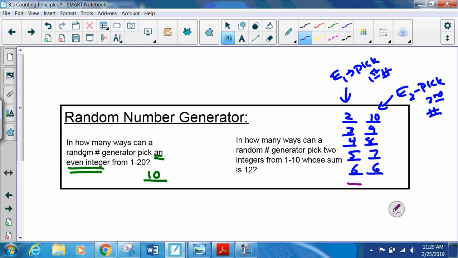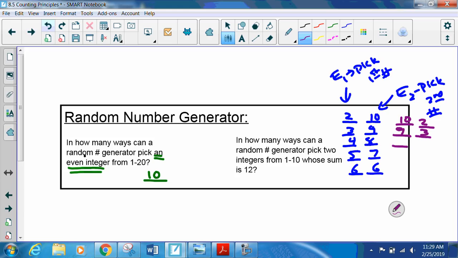See how I did 2, 10? I could do 10, 2. Well, let me write it next to it. That probably didn't make sense to write it right there. But that would also be another way, right? 2, 10 is different than the number generator doing a 10 first and then a 2 second. Do you agree? And then same thing with 3, 9. Picking a 9 first and a 3 second is different than picking a 3 first and a 9 second.